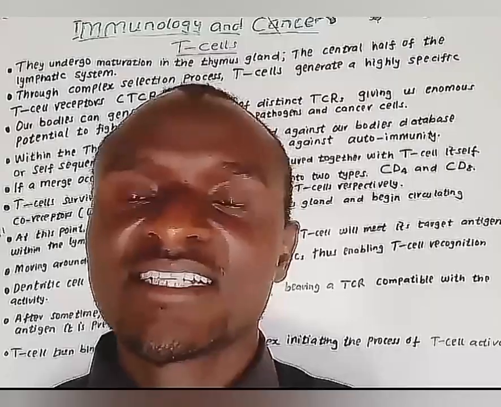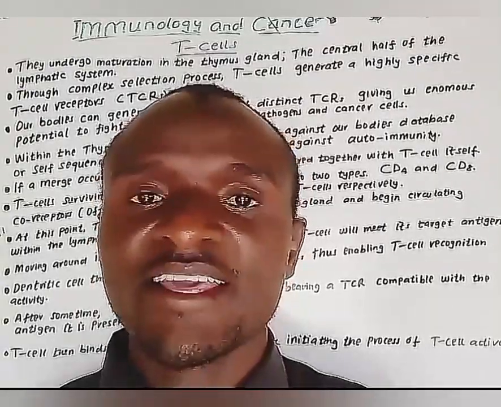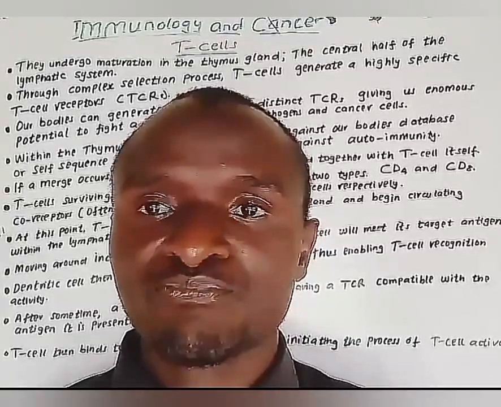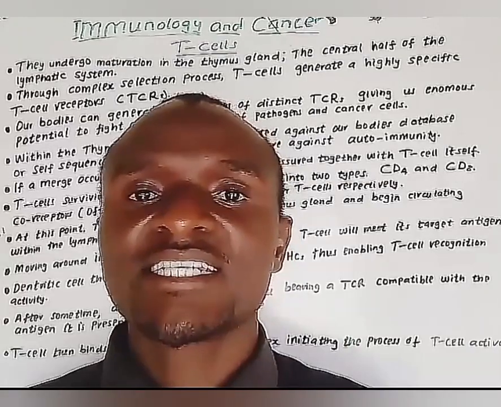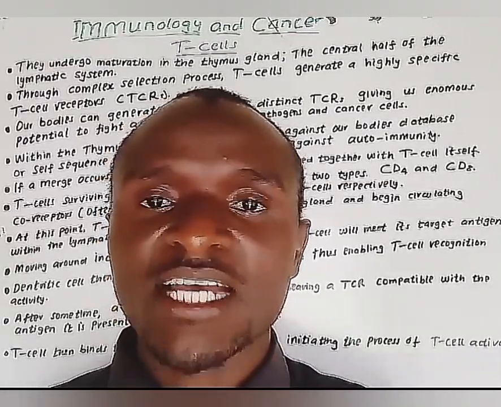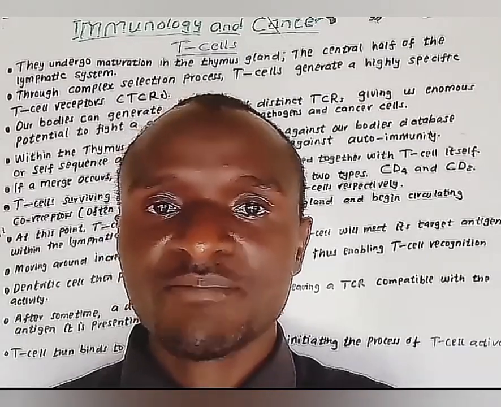Now let's look at T cells. T cells undergo maturity in the thymus gland, which is the central organ of the lymphatic system. Through a complex selection process, T cells develop highly specific receptors known as T cell receptors or TCRs.